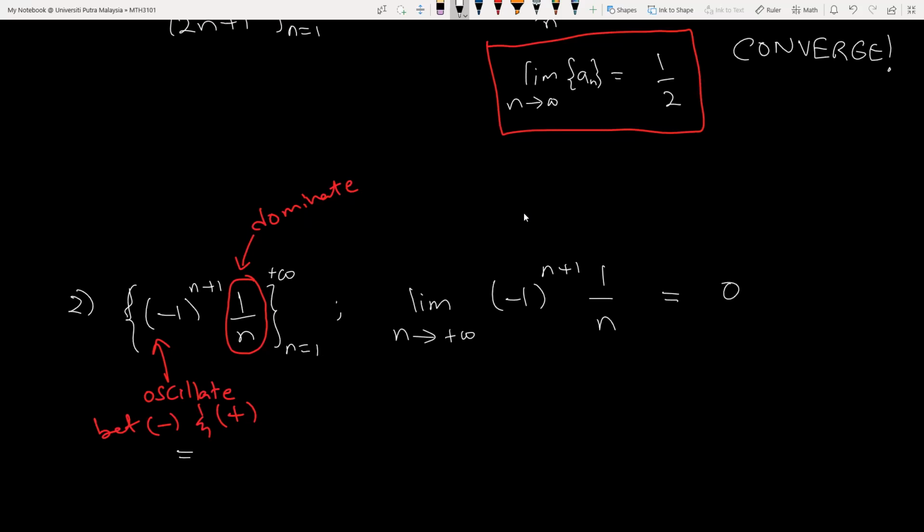Usually in most cases, if you have something like a ratio, I don't say every case, I said in most cases, if you have a ratio, usually it will converge. So this is also convergent.